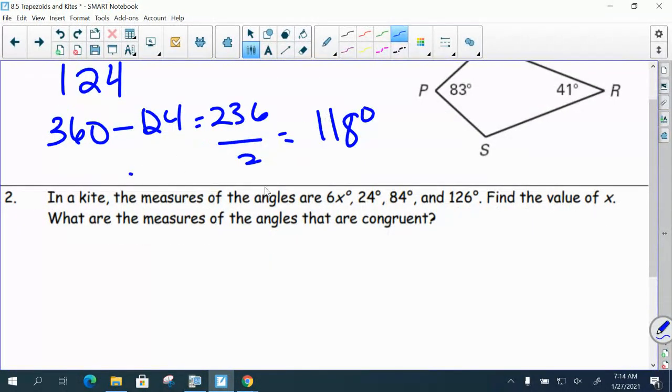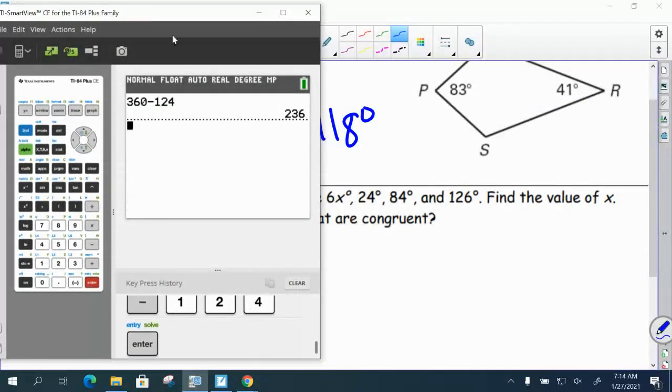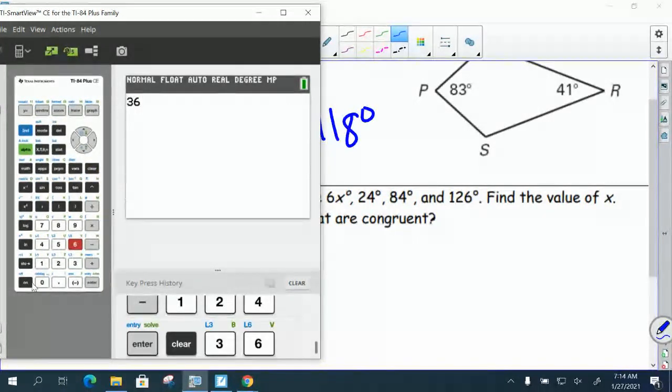Number 2, in a kite, the measures of the angles are these. Find the value of x. What is the measure of the angles that are congruent? All right, so let's just take all 4 of these and add them up to be 360. Actually, there are lots of different ways you can do this. You can take 360 and subtract the angles that you're given.